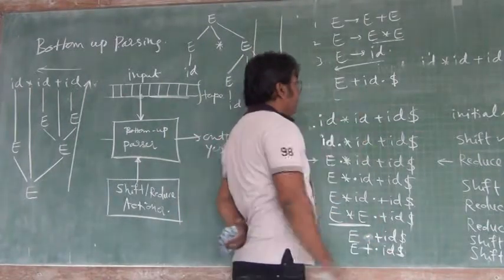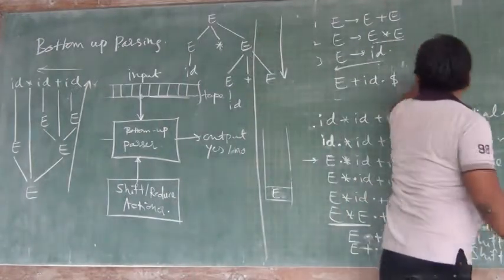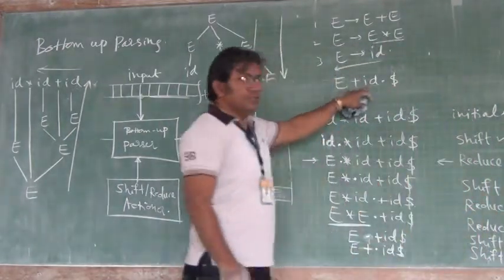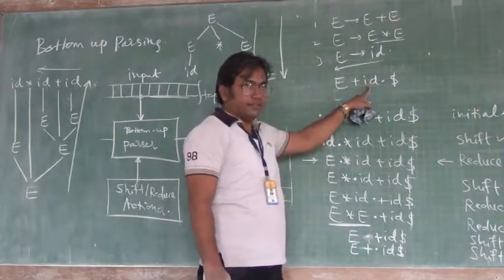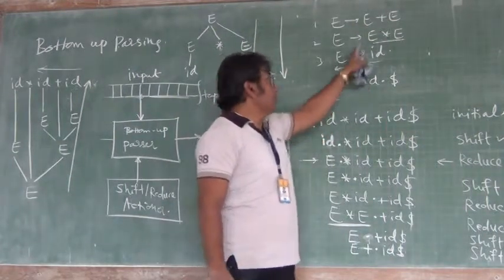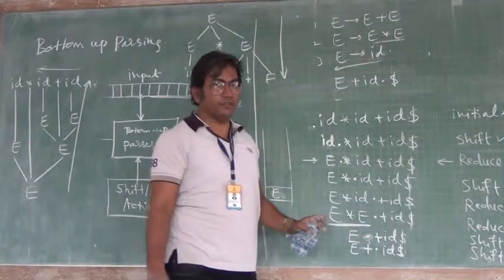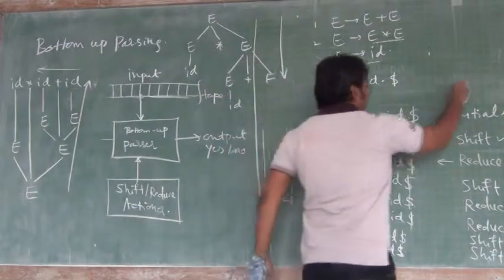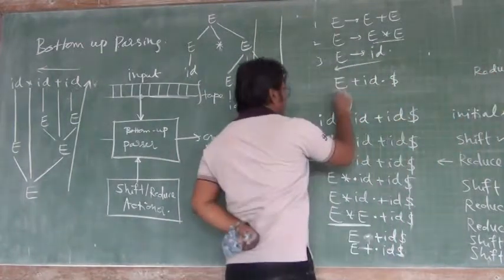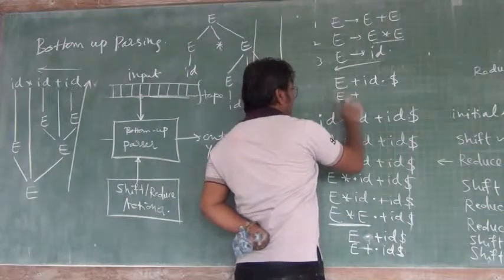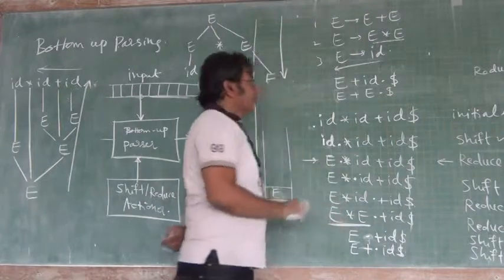Being here, now we can check whether you can shift or reduce. If you want to reduce, see the left hand side of that dot. That is ID. Does it match the right hand side of any production? Yes. So reduce it. After reducing, what you get is E plus E dot dollar.